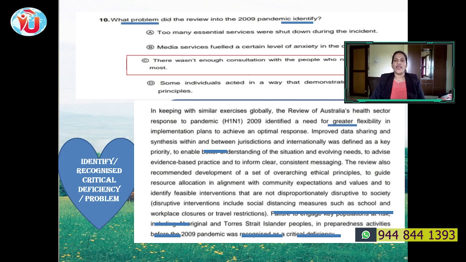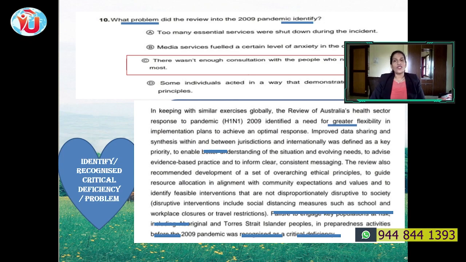Improved data sharing and synthesis within and between jurisdictions and internationally was defined as a key priority to enable better understanding of the situation and evolving needs, to advise evidence-based practice, and to inform clear, consistent messaging.